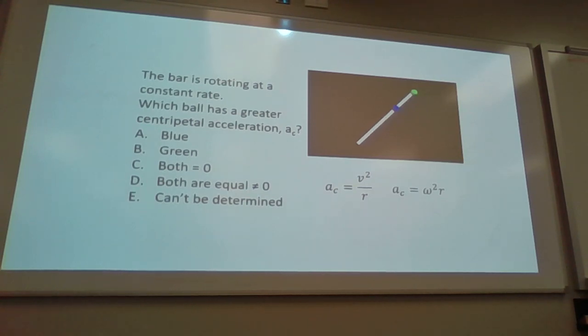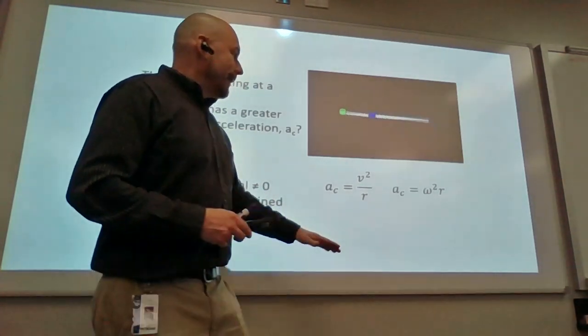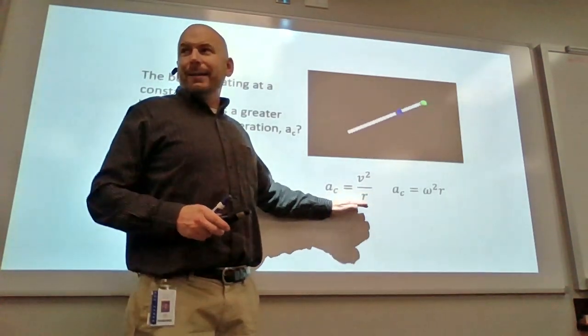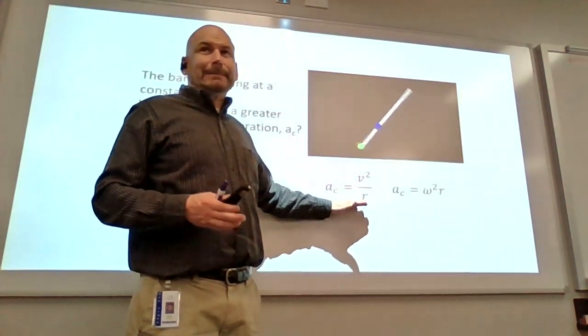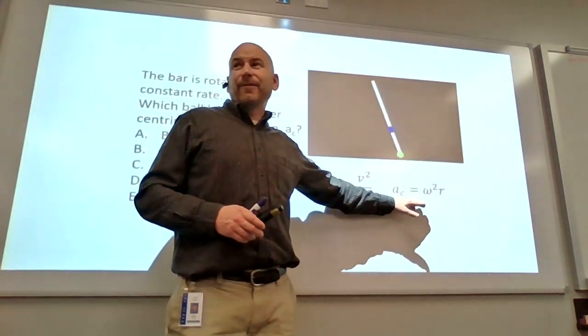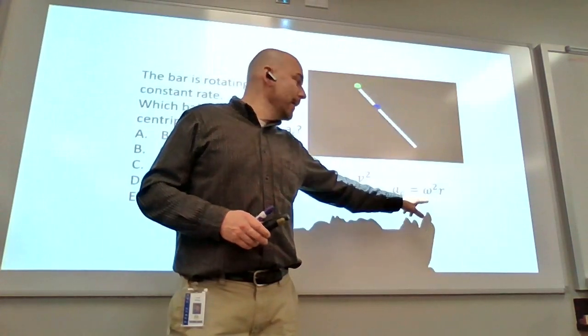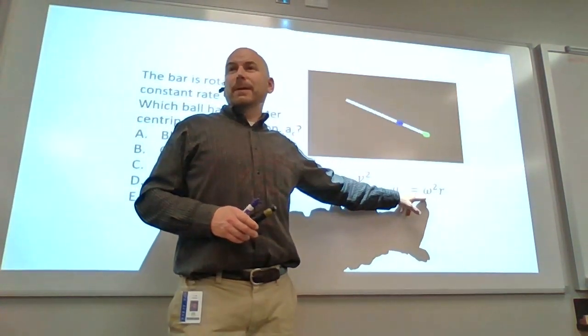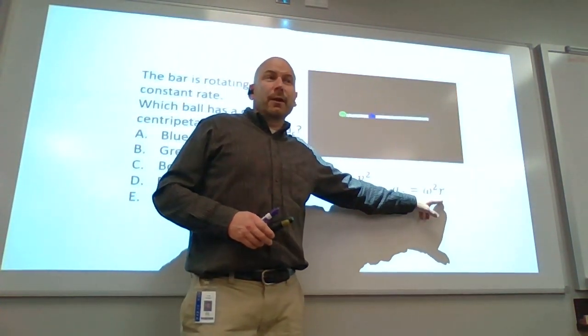Okay. Correct answer is B, green. All right. Now, looking at this one is fuzzy. This route, that's definitive. They both had the same rotational speed, but the green had a greater radius.